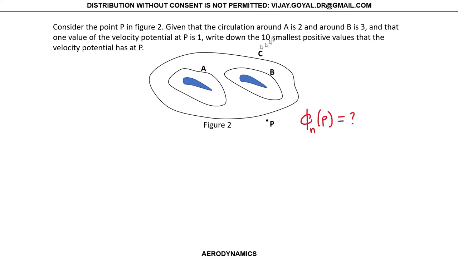And then what I know is that the circulation around A is equal to 2. The circulation around B is equal to 3. And the value of my potential at this point, at the initial value, let's call it sub 0, at P, that's going to be a value of 1. And you want the smallest values, okay? To do this, this is what we're going to do.